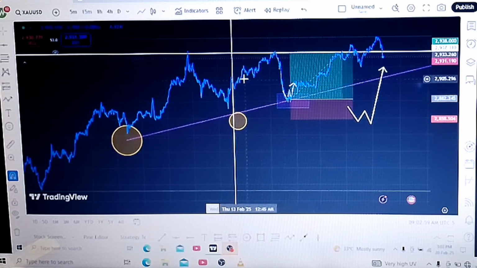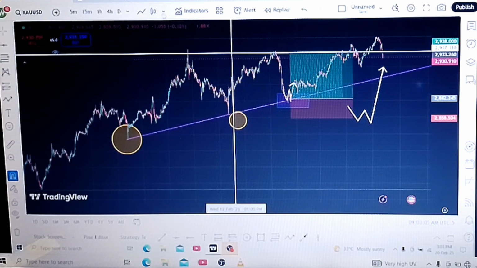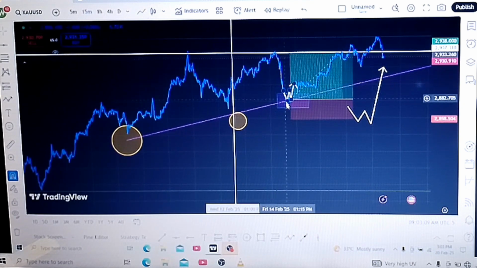Can you see this line? This white line. Look at it very well. It's a W pattern. Let me just remove it so that we don't make any mistake.